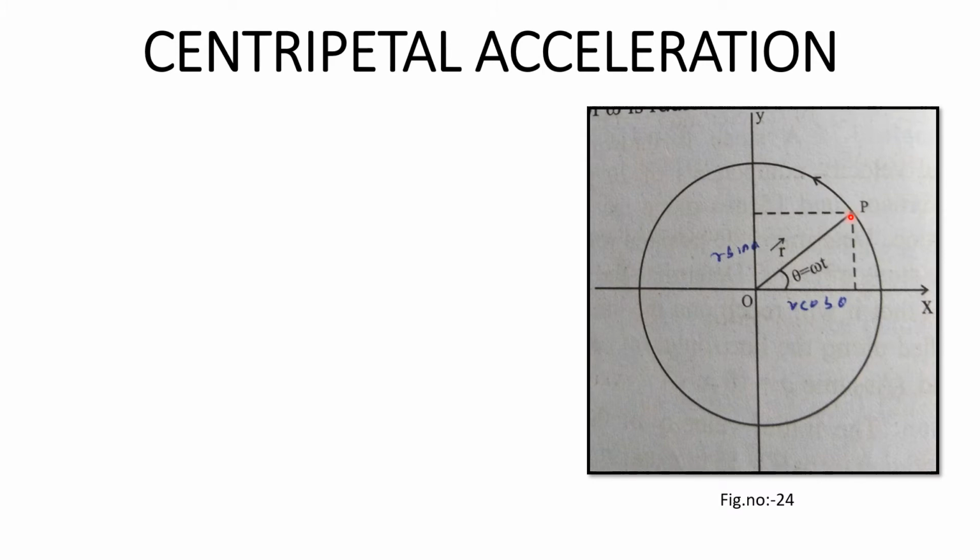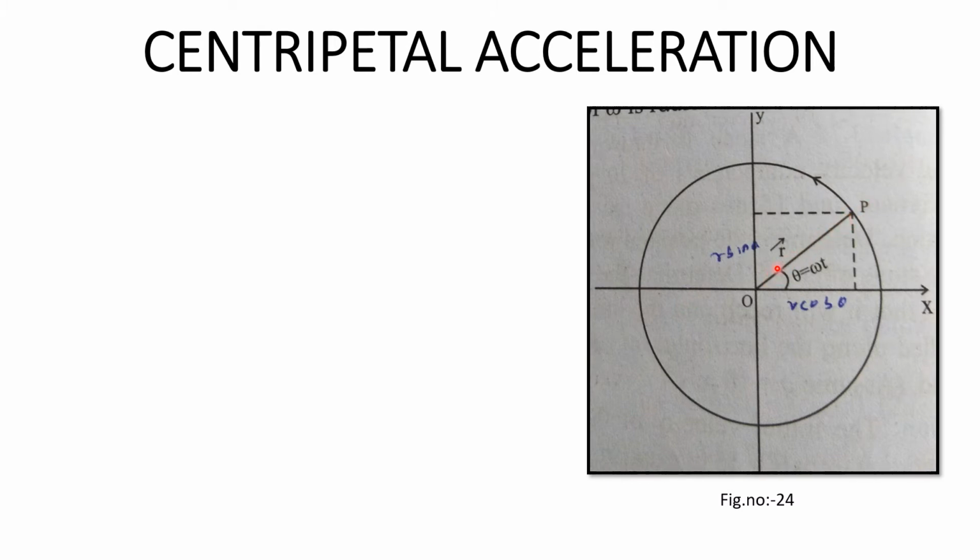Now one thing we should note: suppose the object is at point P, the object shows three types of acceleration. One is tangential acceleration, another is angular acceleration along the circle, and the third is centripetal acceleration along the radius.